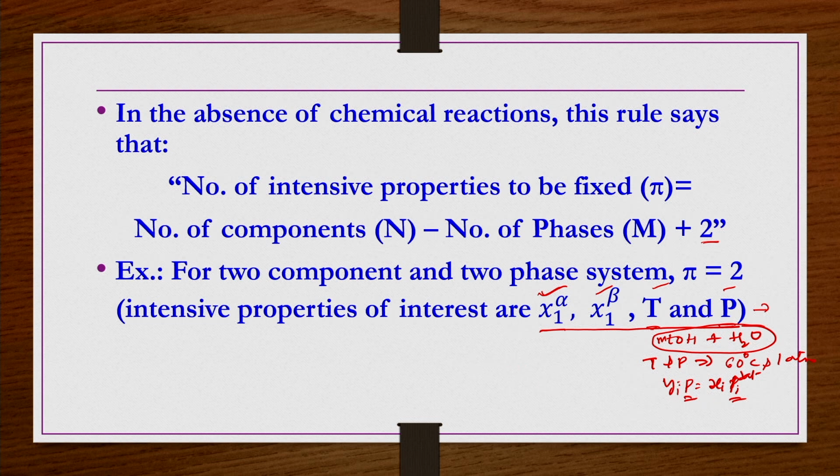So, for a two component system, y1 P equals x1 P1 sat, and y2 P equals x2 P2 sat. Now here, in place of y2 you can write 1 minus y1, and in place of x2 you can write 1 minus x1, right. y1 and x1 are the two unknowns, right.